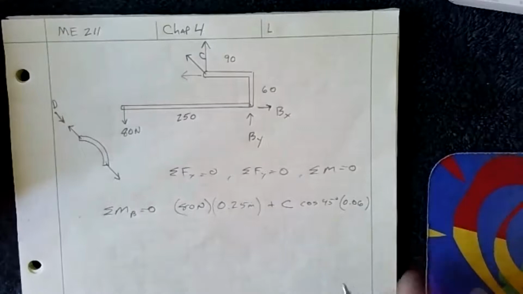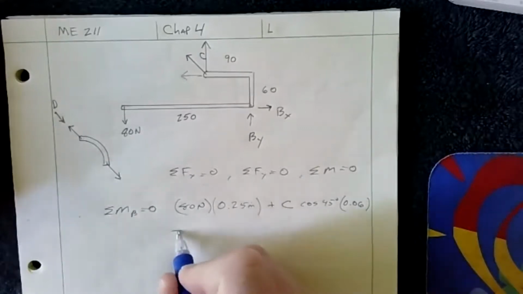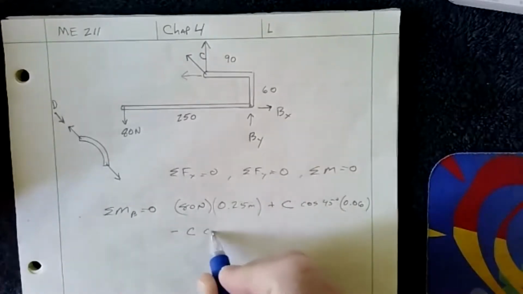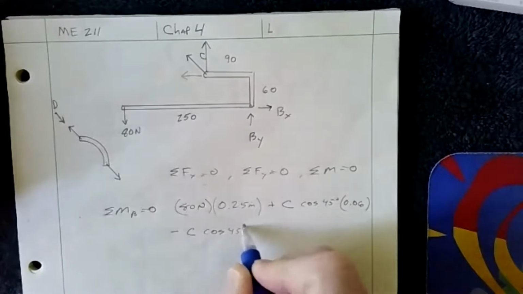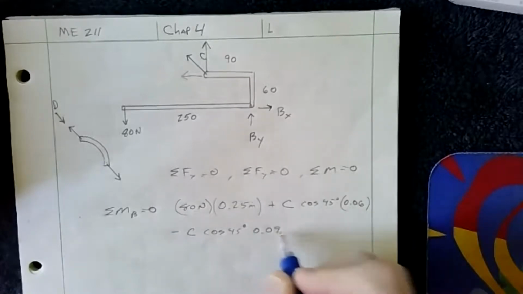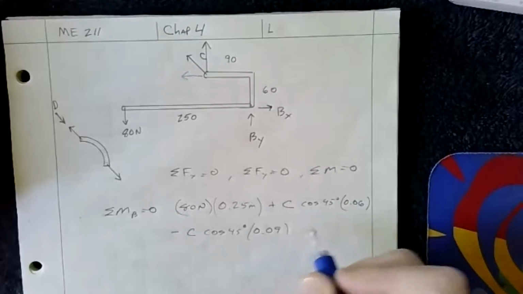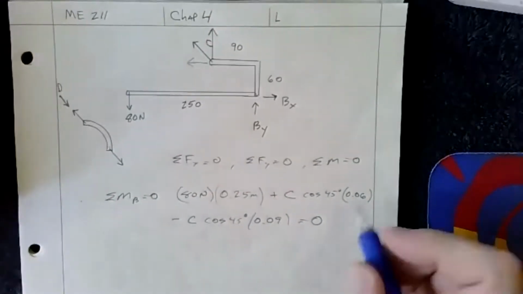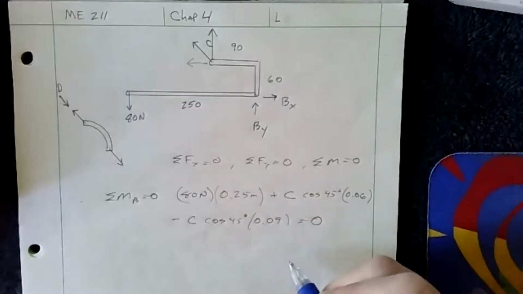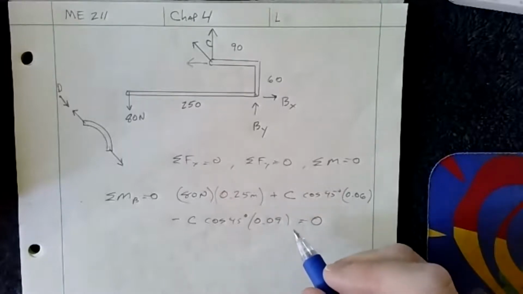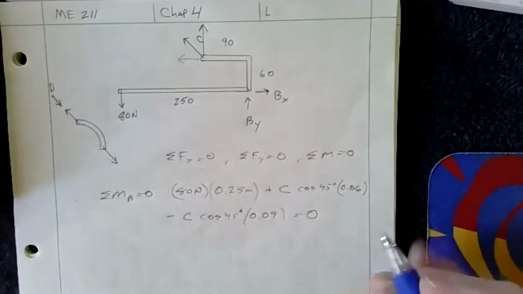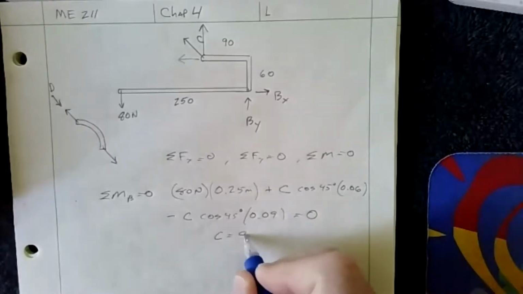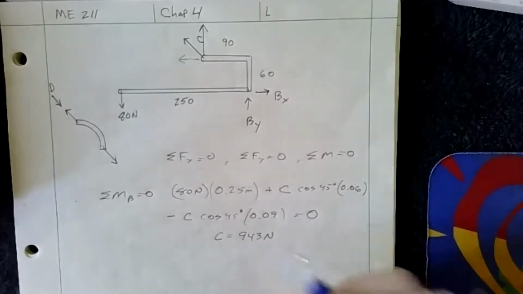So we guessed correctly in this. So lastly, we're going to say minus C cosine 45 degrees times 0.09, and all that equals 0. So, meters. So we go ahead and solve, and we get C is equal to 943 newtons.